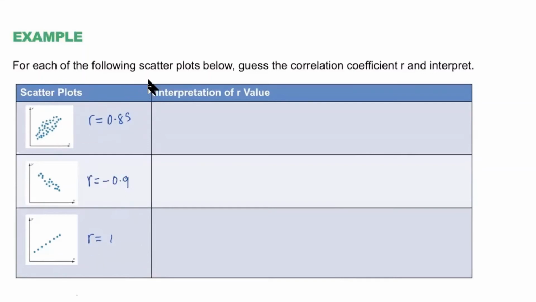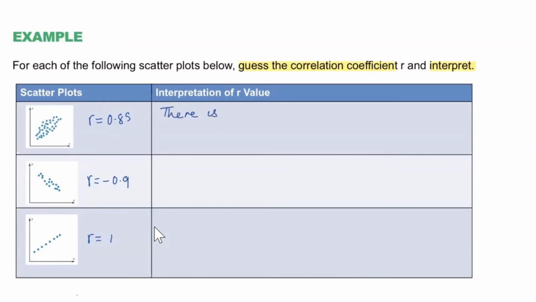After we guess the correlation coefficient, we are asked to interpret the correlation coefficient. So we need to write the meaning of this. So what is the meaning of the first one? R equal to 0.85. What is that?